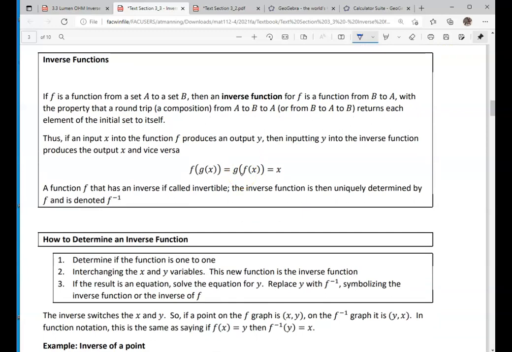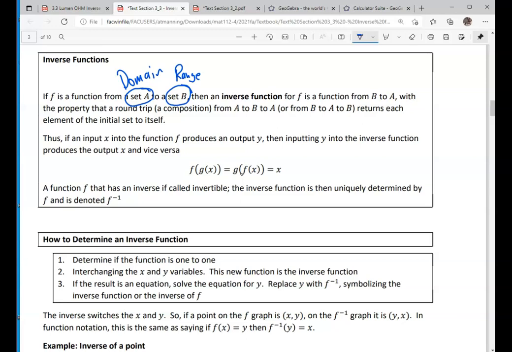Okay, so the little explanation here of an inverse function. I have a function that has an input in a set A, remember that's my domain, to an output of a set of numbers, that's my range. Remember, the input is my domain to my function, the output is my range.